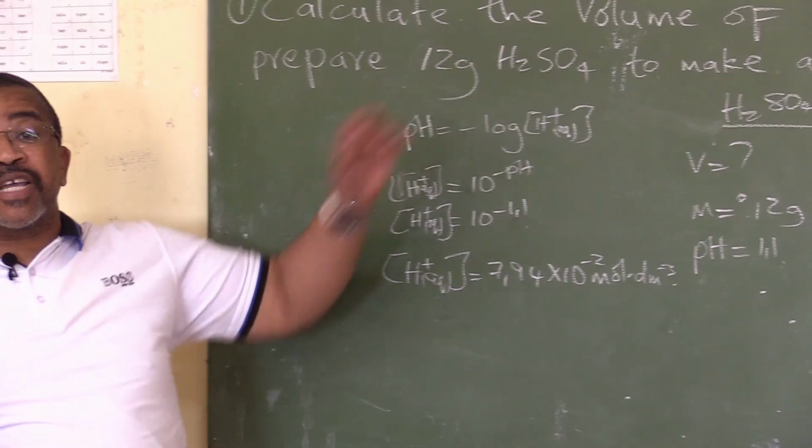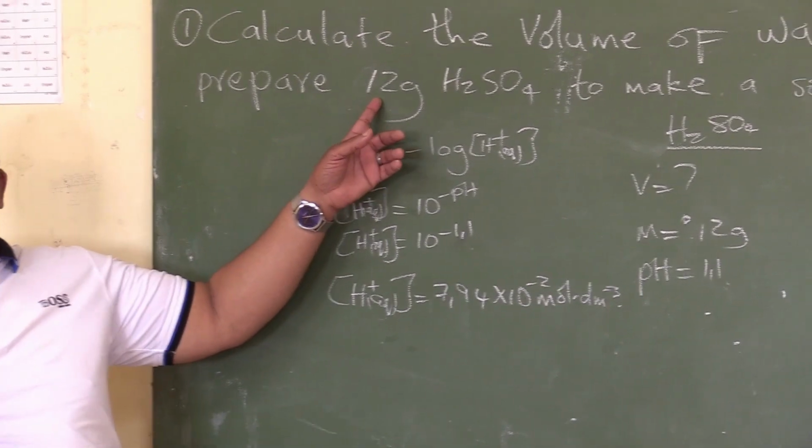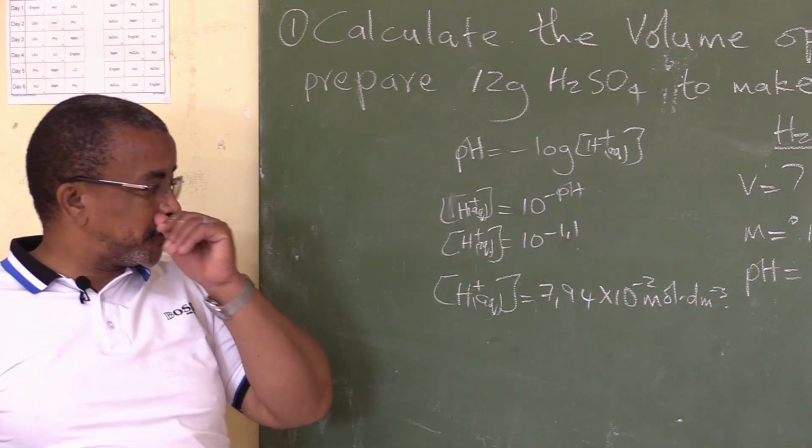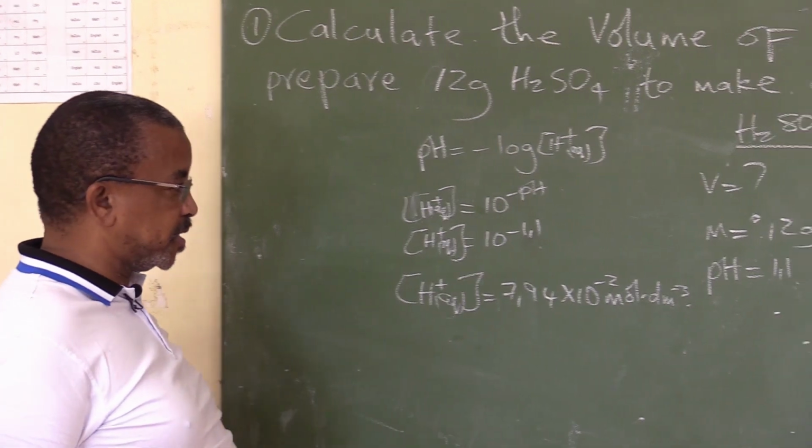But we must find the sulfuric acid, because we have weighed 12 grams of sulfuric acid. Let us find the concentration of sulfuric acid.